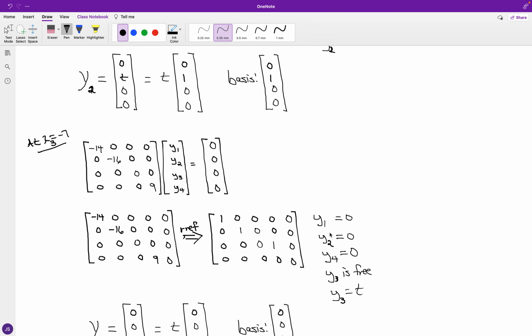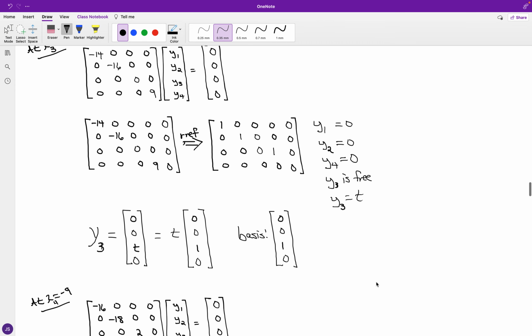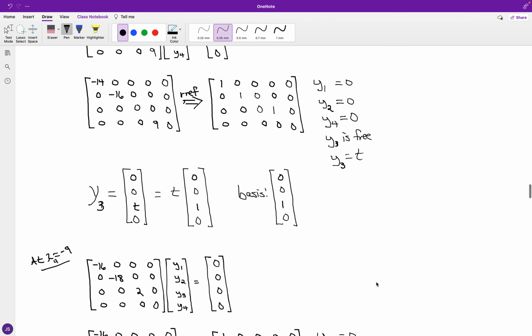Second row, we have y sub 2 equal to 0. Next row, we have this time y sub 4 equal to 0. And the third column has exclusively zeros. And so y sub 3 is free, and we're going to set that equal to t. So for y sub 3 at t, for the third eigenvector we have 0, 0, t, and 0. And factoring out the t, we have 0, 0, 1, 0 for the basis.